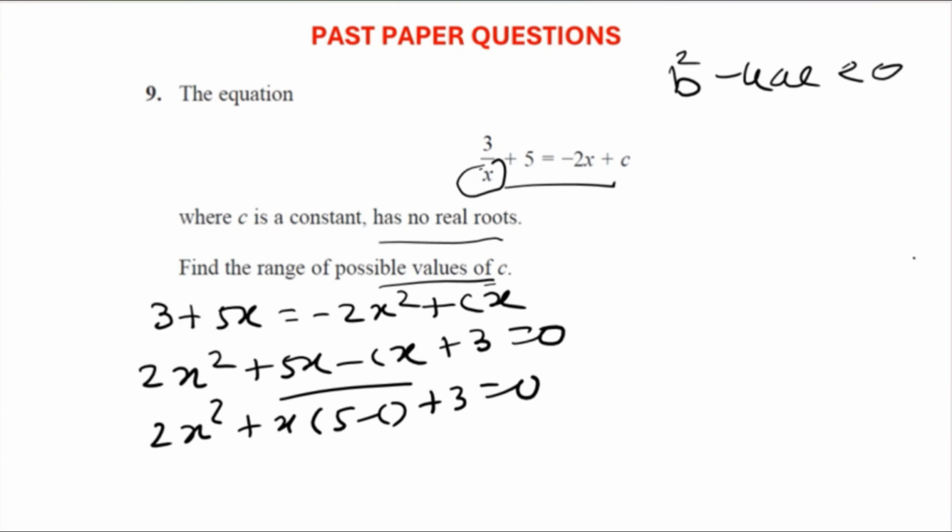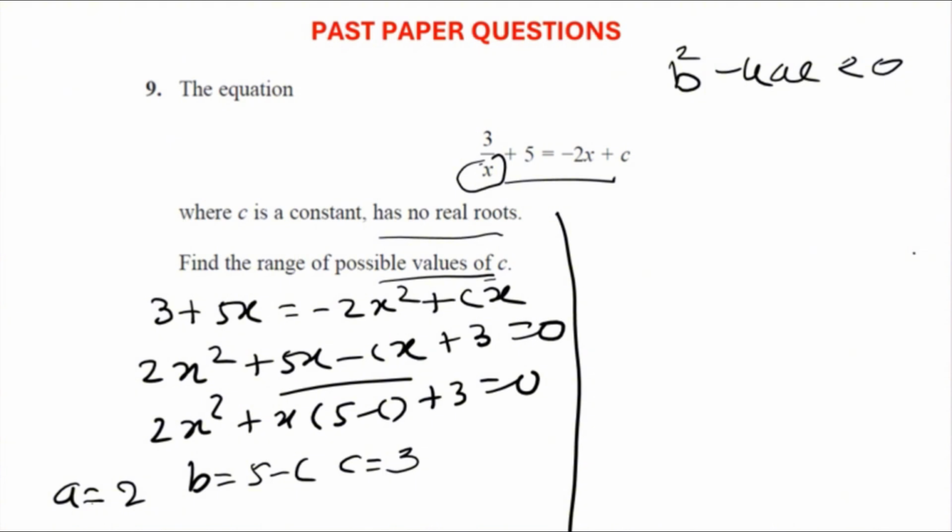Now, we can see here my a is equal to 2, b is equal to 5 minus c and c is equal to 3. Now, we are writing b squared minus 4ac. So that means (5 minus c) squared minus 4ac less than 0.